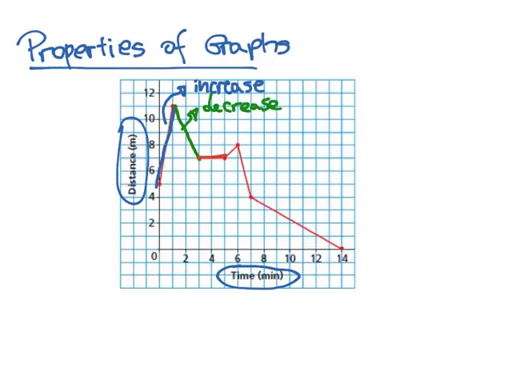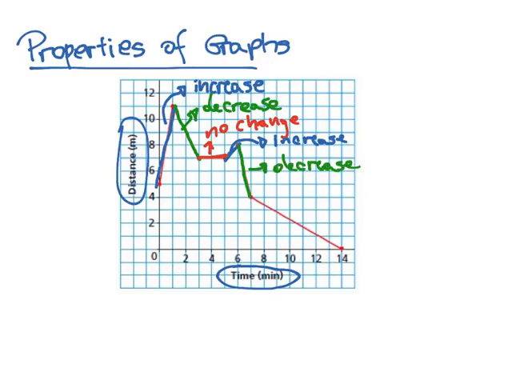The next shows a constant, non-changing, or no change. The next segment shows a small increase, while the next segment shows a small decrease of distance.